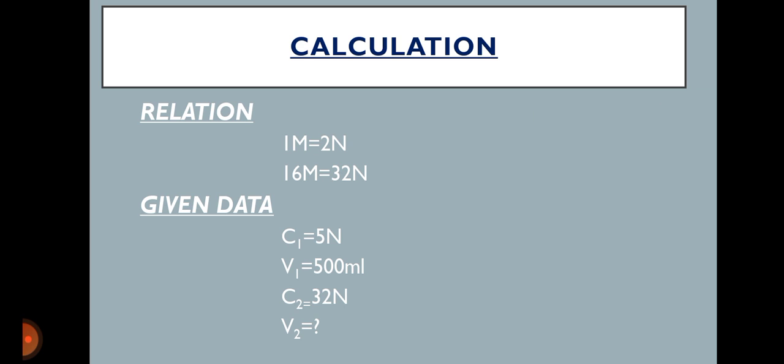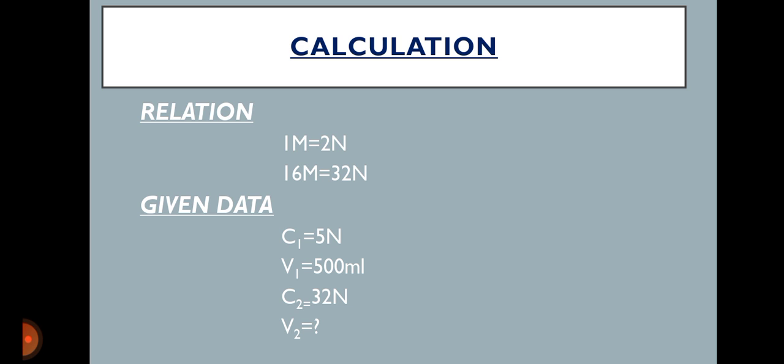So the given data in the experiment are C1, which is 5N, and the volume V1, which is 500 ml. C2, which we find by using the above relation 1M is equal to 2N, by multiplying 2 with the 16 molar we get 32N. So the C2 value is 32N. We have to find the V2 value.